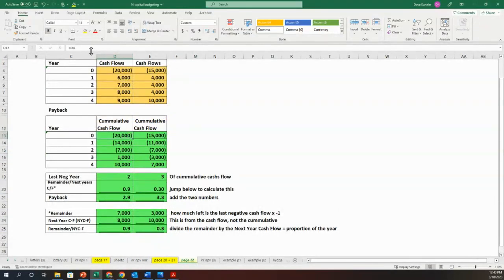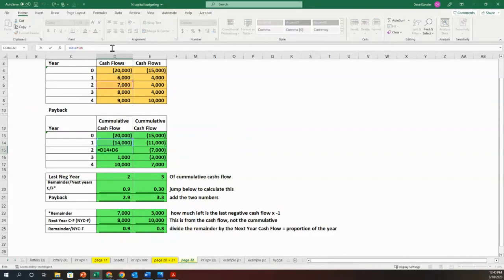We start with year 0. Our cumulative is what we just shelled out. Our cumulative after year one is our year zero cumulative plus our year one inflow. Okay?